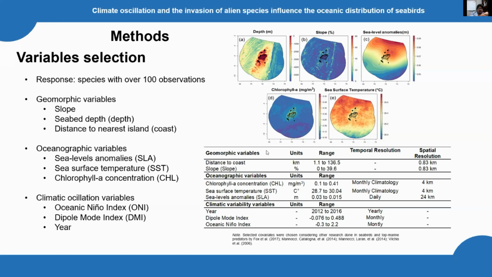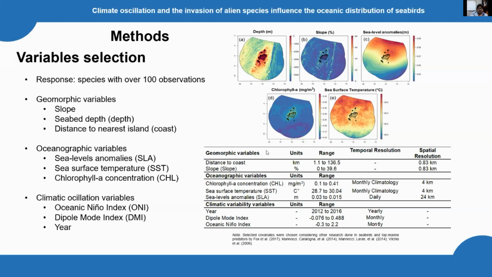And finally, in order to test the hypothesis that climatic oscillation variables are also important for seabirds, we included indexes downloaded from NOAA, which are the oceanic Nino index as a measure of ENSO oscillation, El Nino Southern Oscillation.